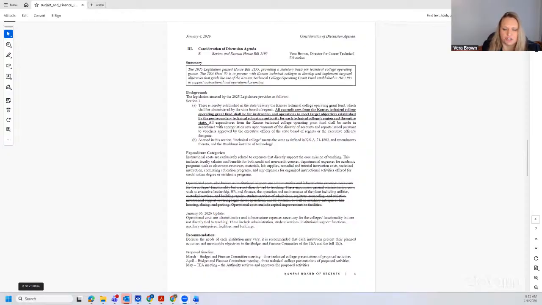All expenditures from the Kansas Technical College Operating Grant Fund shall be for instruction and operation to meet target objectives established by the Post-Secondary Technical Education Authority for each technical college's region and the entire state. And here, technical colleges means the same technical colleges as in KSA 71-1802 and Washburn Institute of Technology, which is part of Washburn University.